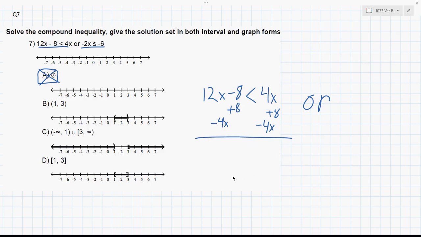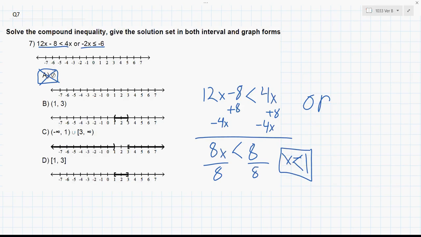When we do that, we'll end up with 12x minus 4x, which is going to be 8x is less than a positive 8. And if we divide both of those by 8, we'll end up seeing that x is less than 1 for part of it. So we've got that part in the back of our heads.